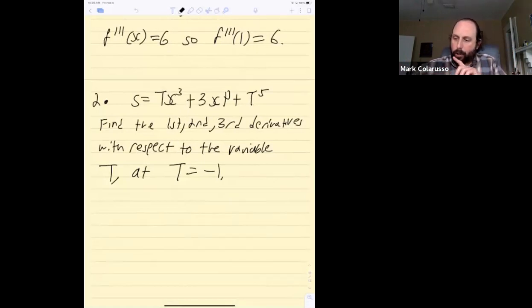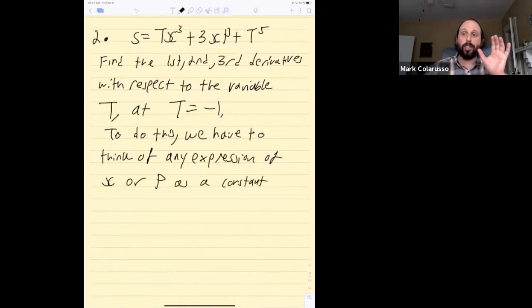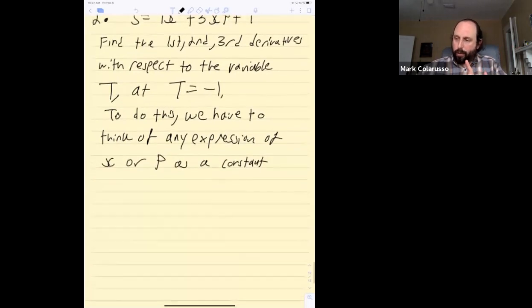So to do this, we have to think of any expression of x or p as a constant, because these things do not depend on t. As far as capital T is concerned, these expressions are constant. So let me take you through how to do this slowly.